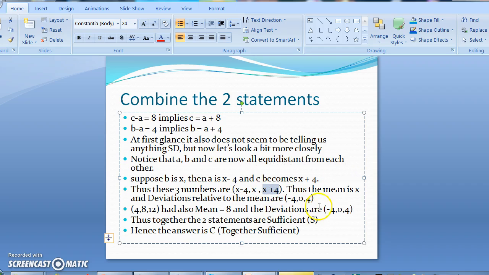So what we observe is that the deviations from the mean are minus 4, 0 and 4, and hence it has the same deviation as the earlier one we need to compare with, which is 4, 8, 12, which also has the deviations minus 4, 0, 4. Hence, the two statements together are enabling us to answer that the two sets have the same SD, hence it is sufficient, and the answer is C, together sufficient.